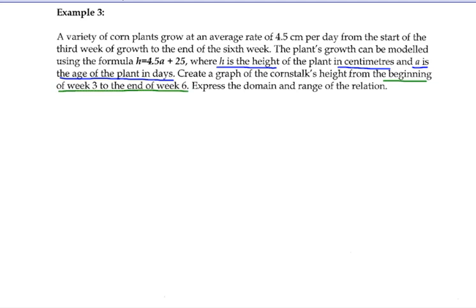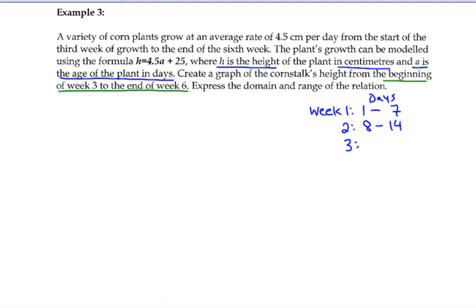Another problem is what? Our two variables are height and days. And we have weeks right now. So let's look at our weeks. Week 1 is between day 1 and day 7. Week 2 would be 8 to 14, since 7 is already part of week 1.